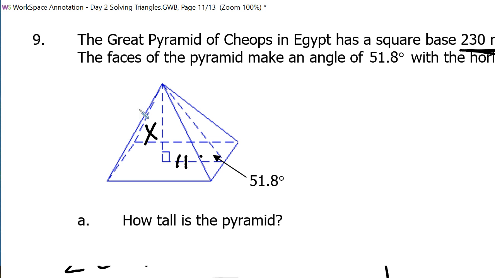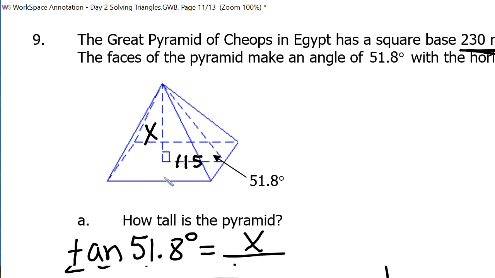Now, looking at what's labeled on that triangle, would we have to use sine, cosine, or tangent? Tangent. So we need to do tangent of 51.8 degrees. And we need opposite over adjacent. So what would we put for opposite over adjacent? X over 115.